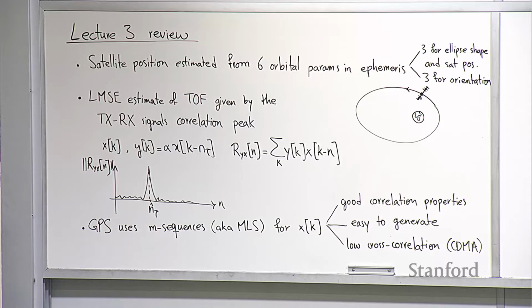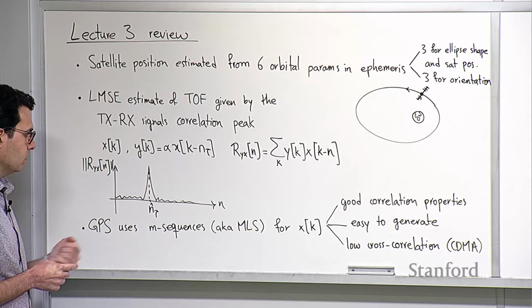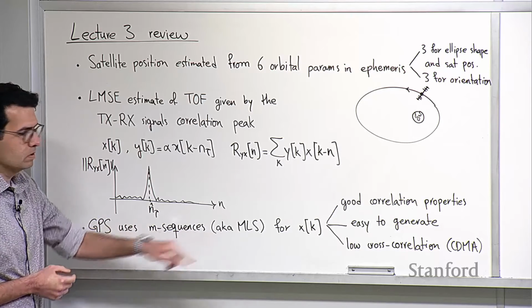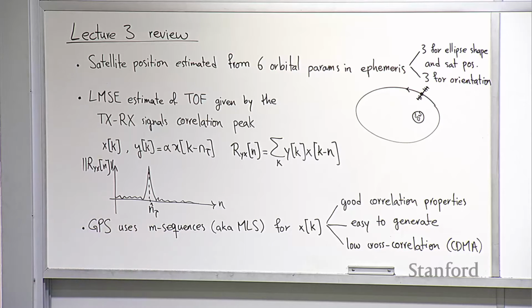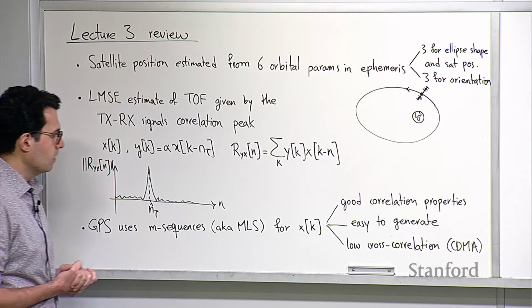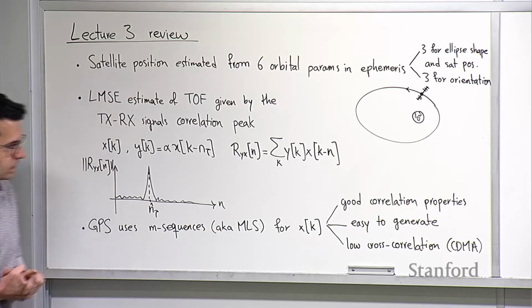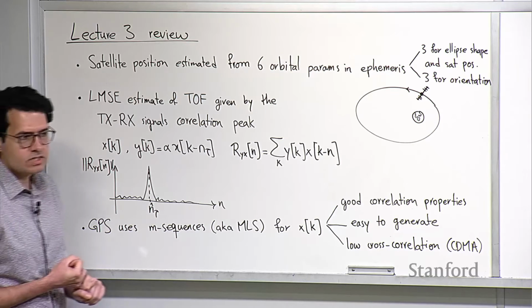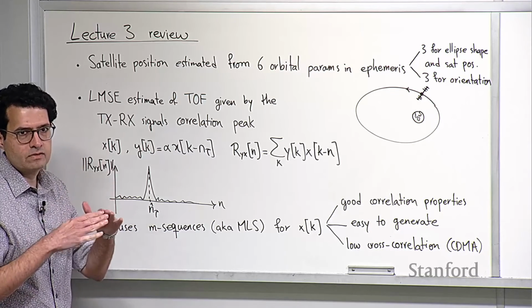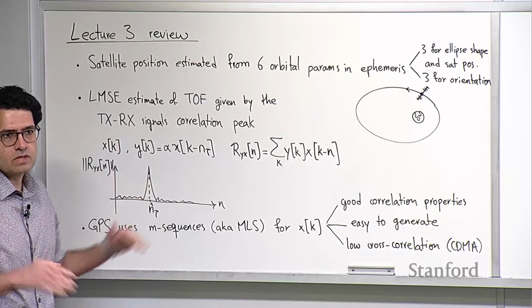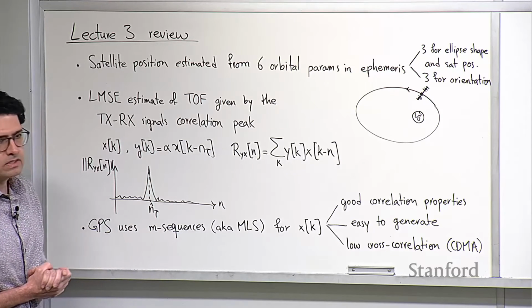The specific class that GPS uses are called M sequences, also called maximal length sequences. And we said that these are good because they have specifically 3 very interesting properties. They, of course, have good correlations, as we showed. They have these triangle functions with constant, very low side lobes. They're extremely easy to generate.